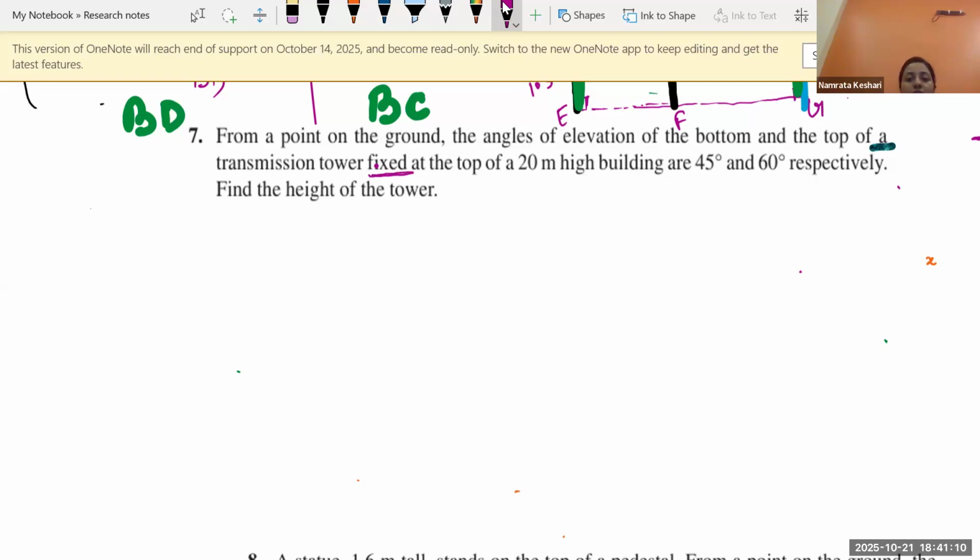So there is a 20-meter high building, and there is a transmission tower fixed on the top of this building, like this.